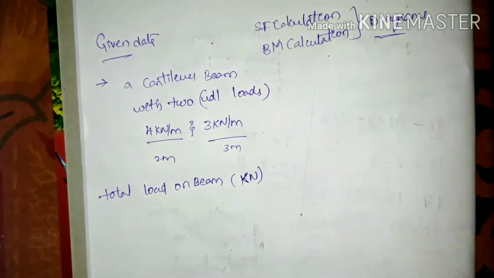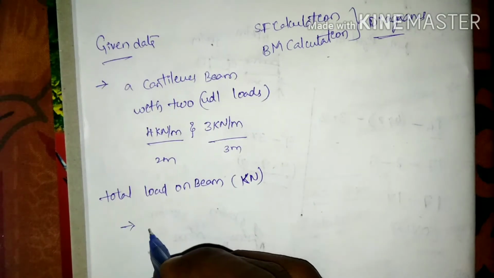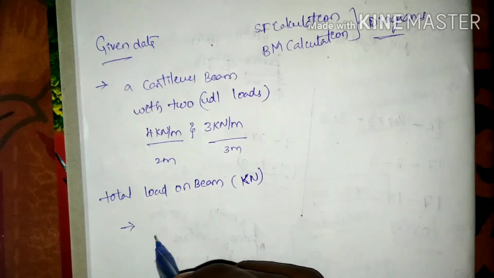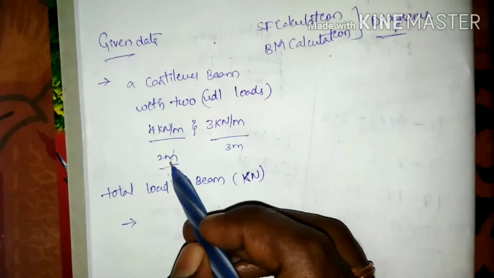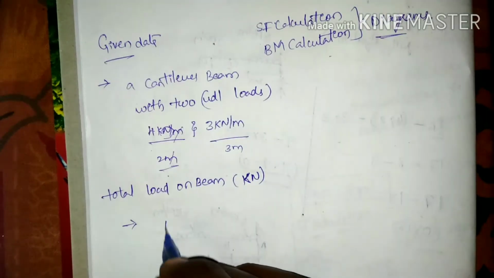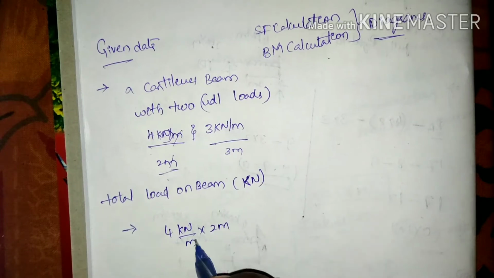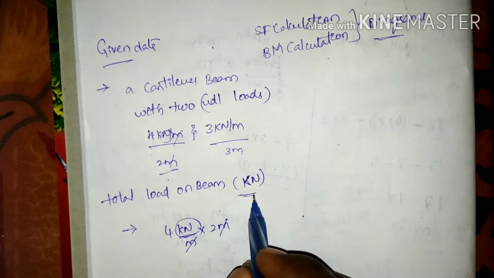While converting from kilonewton per meter into kilonewton, we have to multiply the UDL load by the span over which it acts. Here 4 kilonewton per meter is multiplied with 2 meters. When we multiply this, the meter cancels and we remain with only kilonewton.